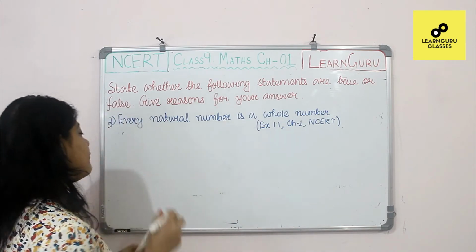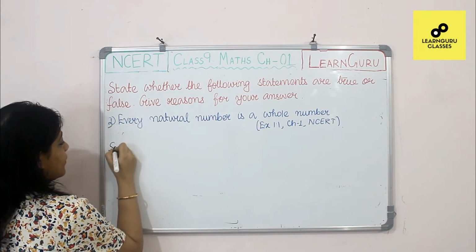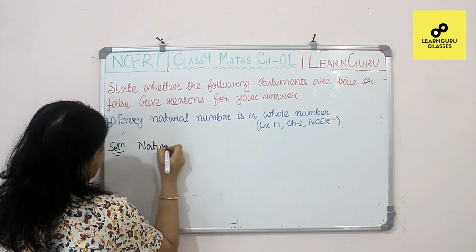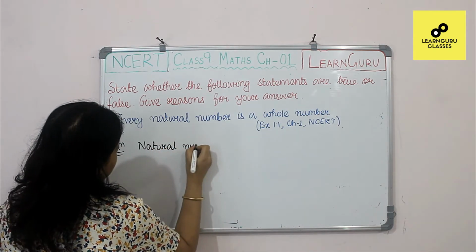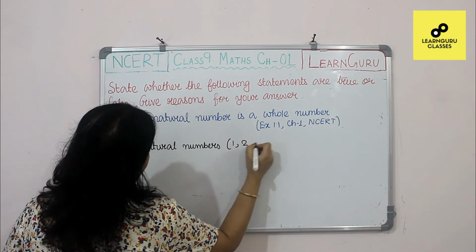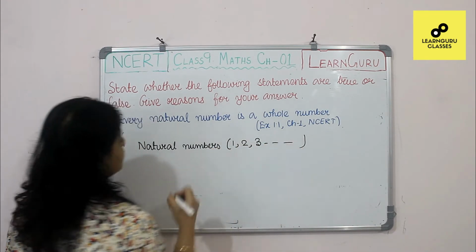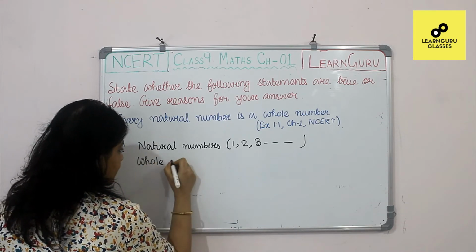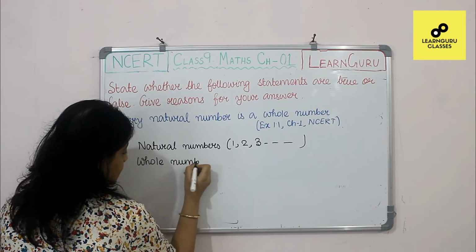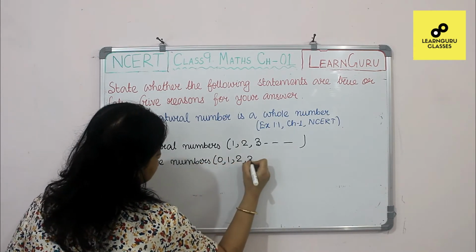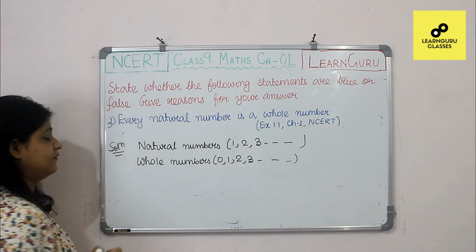Okay, so what is the set of natural numbers? 1, 2, 3, and the list continues. What is the set of whole numbers? 0, 1, 2, 3 till infinity.